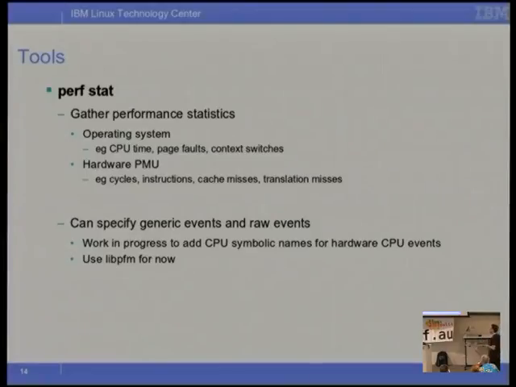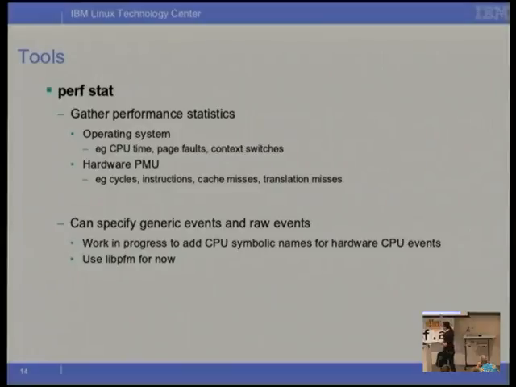The other trick will be to actually have the per-CPU specific events as well, because this is somewhere where we really let down compared to most other commercial profiling products, and even some of the old ones like OProfile, where you have the easy ability to use a symbolic name for a translation miss or a pipeline stall or something like that.